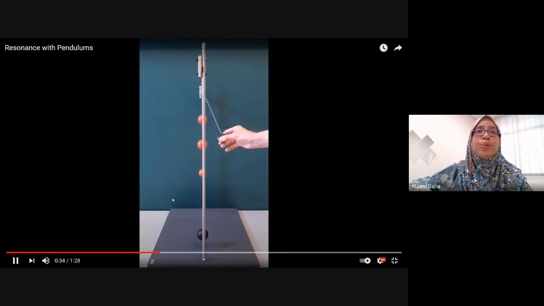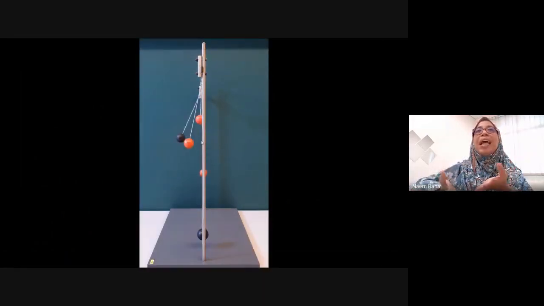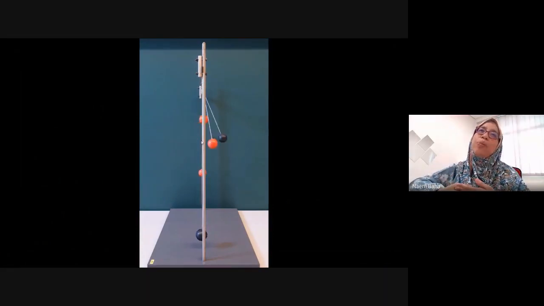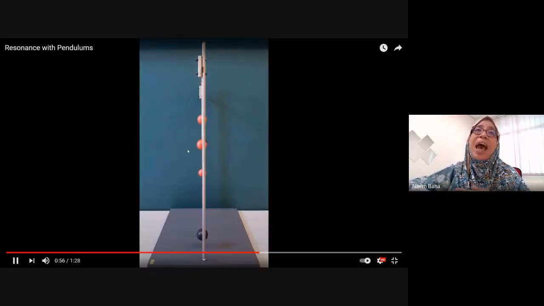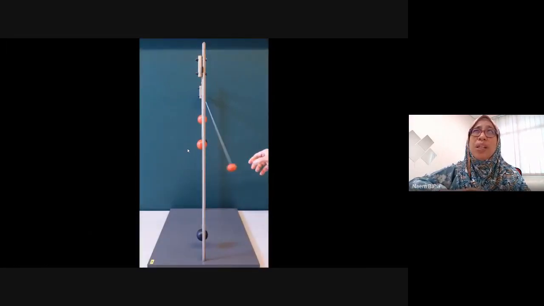It has been transferred to the black one, and then the energy was transferred to the red one and everyone. However, the red one, which has the same length, tends to vibrate at the largest amplitude compared to the rest because they have the same natural frequency. How so? Remember T just now? The one that has the same L is the one.